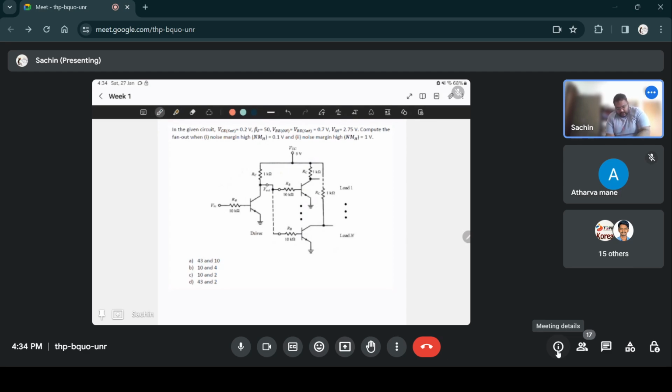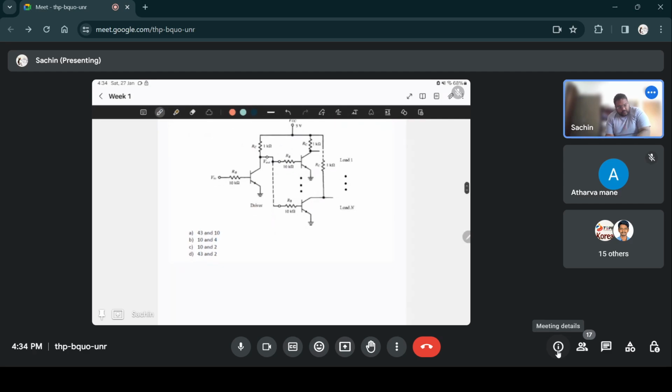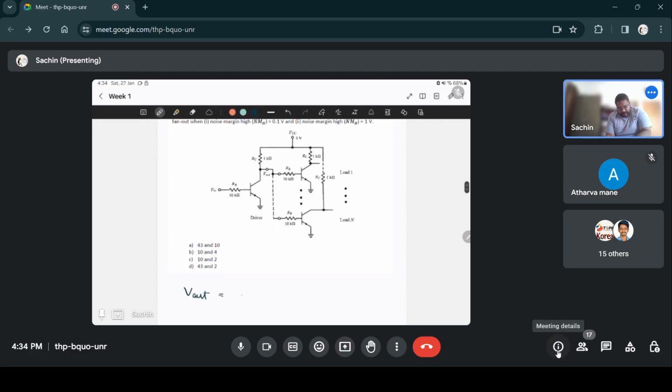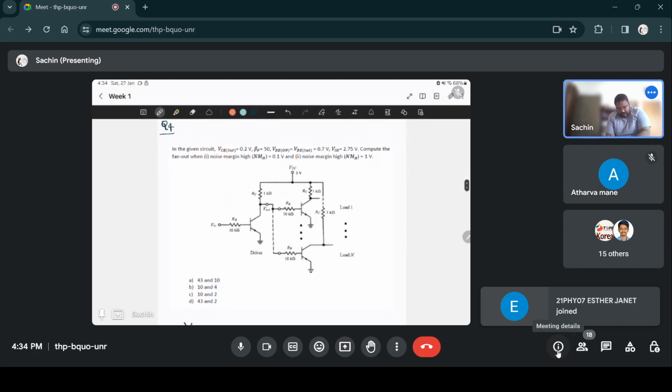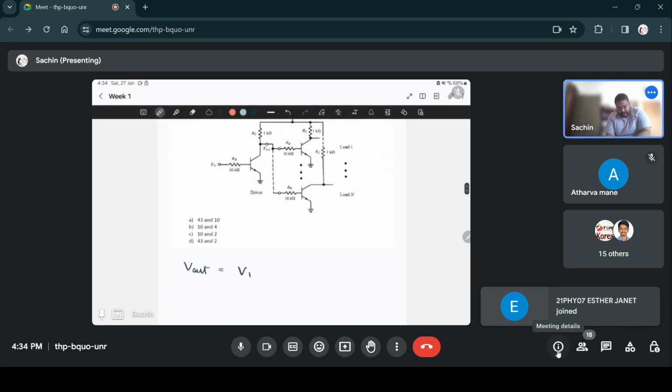And you saw in class that Vout should be at least the same as VIH plus the noise margin, NMH. So this should be your Vout.